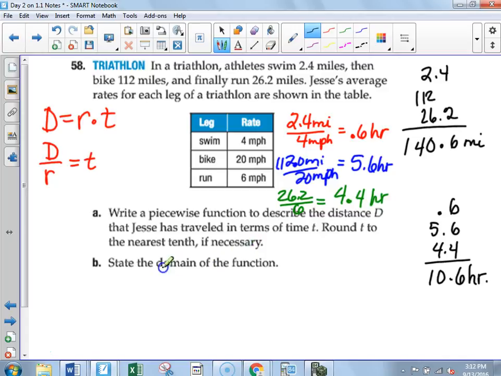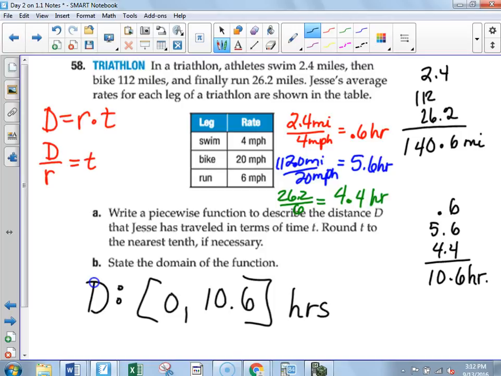Okay, guys. The domain, what is the domain? Domain is time. 0 to 10.6. Okay? So part B was a piece of cake. Okay.